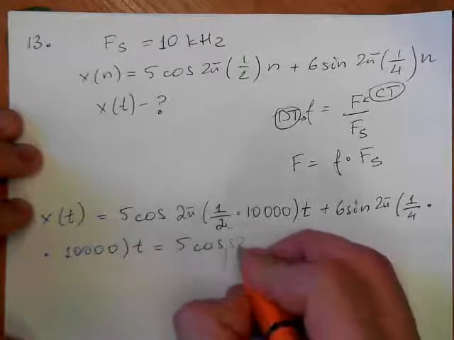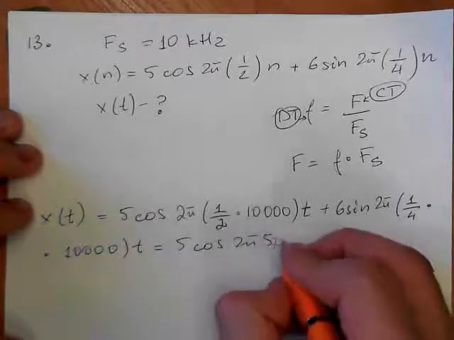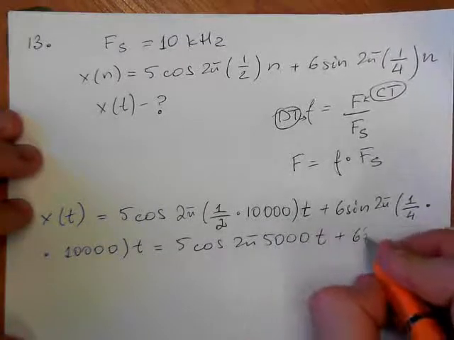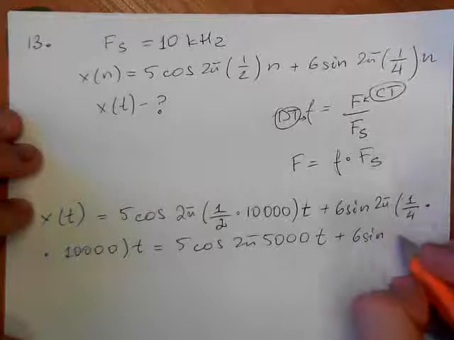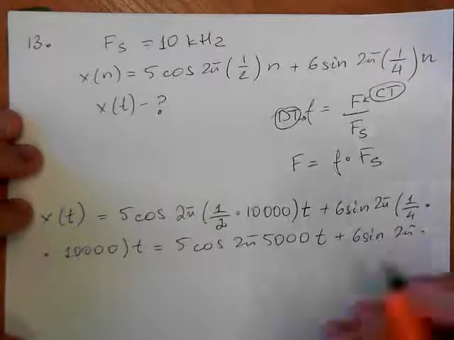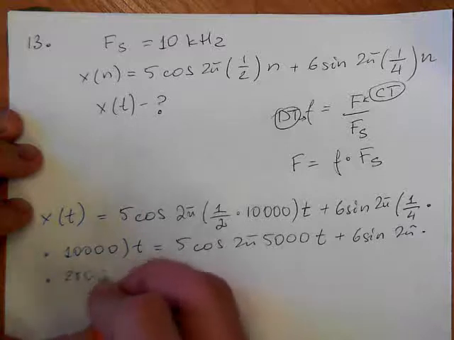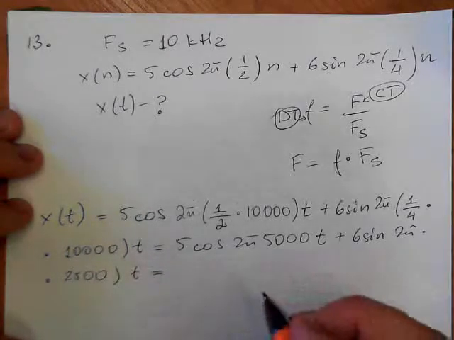Here it is 5 cos 2 pi 5,000 t plus 6 sine 2 pi times 2,500 t.